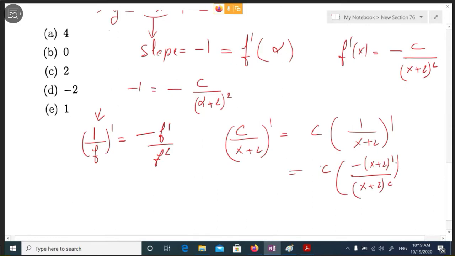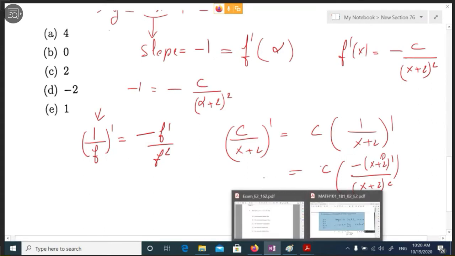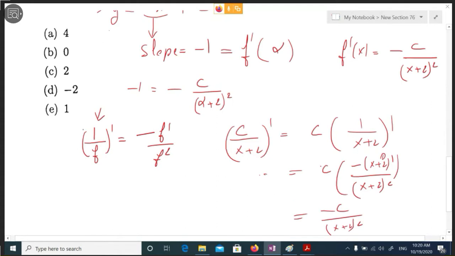And the derivative of X plus 2 is 1, because the derivative of 2 is 0 and the derivative of X is 1. So it will be minus C over (X plus 2) squared. If you don't know this rule, you apply the general quotient rule.